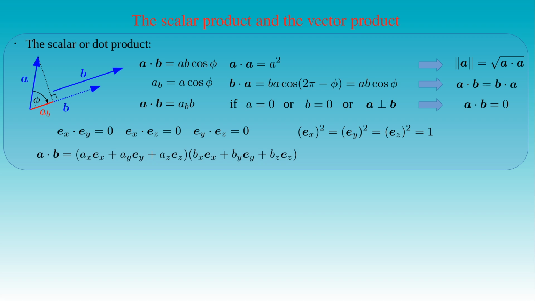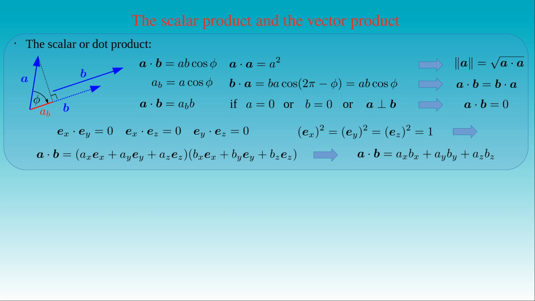We can also show that the scalar product is distributive, and we can take the dot product for each term in the parentheses. The terms with the dot products of different basis vectors vanish, while in the terms with the dot products of the same basis vector, the dot product gives 1. As a result, the scalar product of the vectors A and B will be equal to Ax times Bx, plus Ay times By, plus Az times Bz.